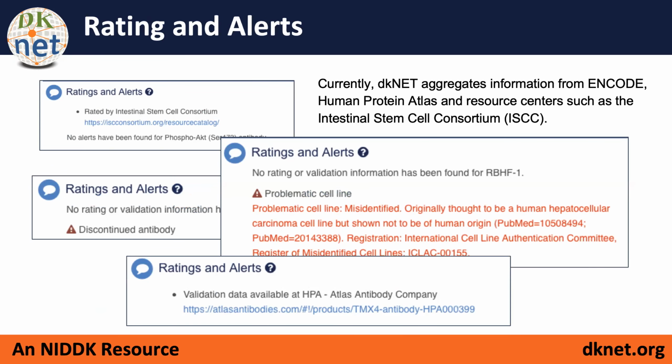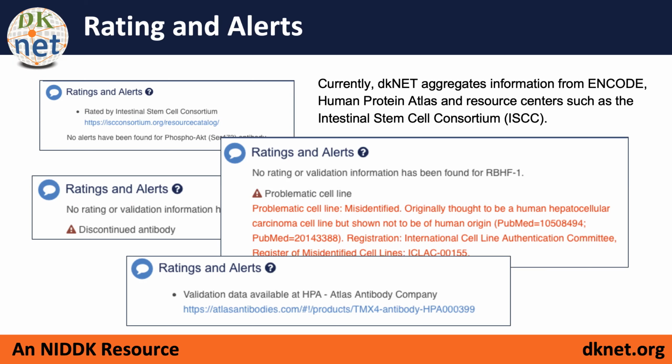The last and probably most important part of the resource reports is the area that focuses on ratings and alerts. And to enable this, we're aggregating information from a number of places that provide validation information for antibodies. So for example, ENCODE, Human Protein Atlas, and other resource centers are providing validation information.